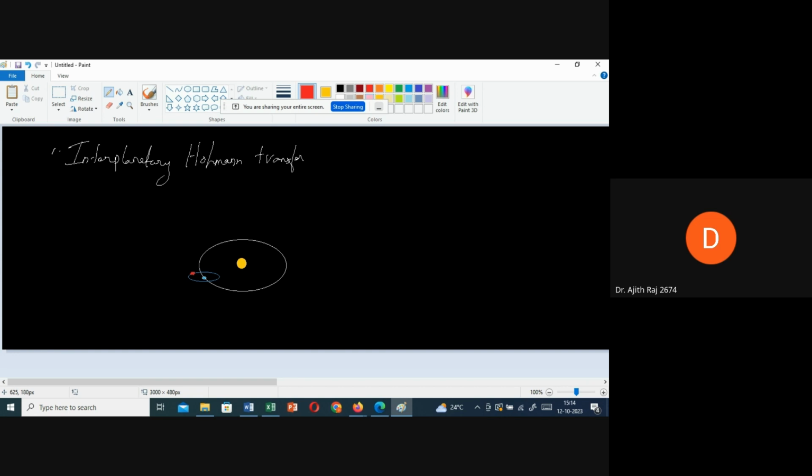Now I have Mars over here. This is the orbit of Mars, which is also revolving around the Sun. At some instance this Earth will come over here.